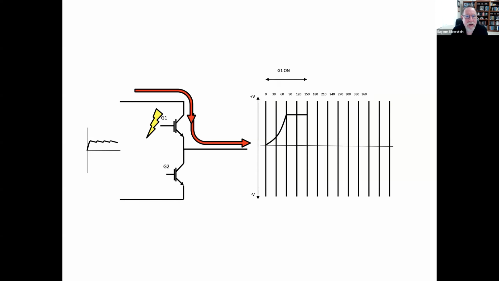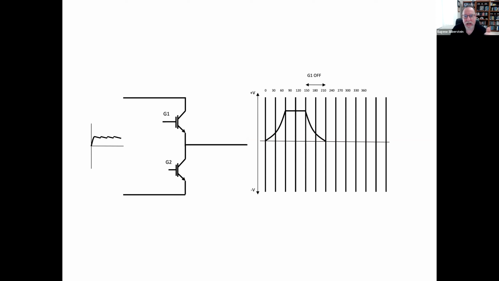It turns on. And as you can see in that diagram, from 0 to 150 electrical degrees, that transistor is turning on, and then it is remaining on. Then at 150 electrical degrees, the base of that transistor is de-energized, and now that transistor turns off.